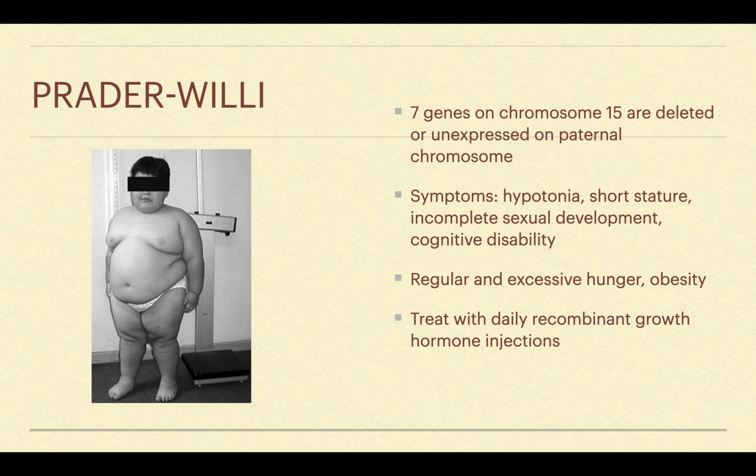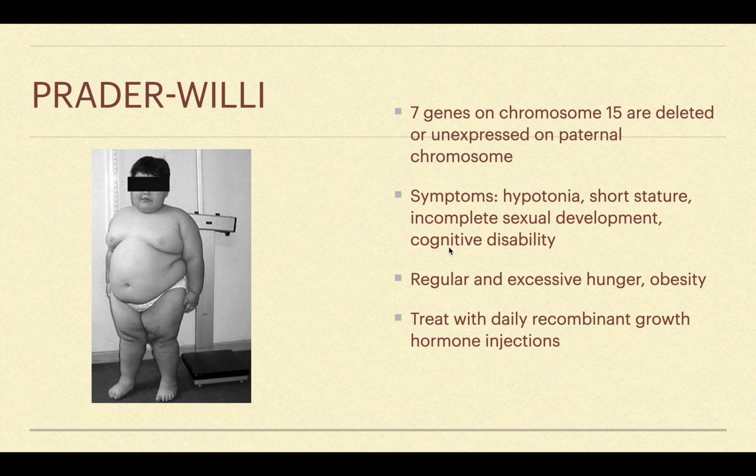Okay, Prader-Willi has 7 genes on chromosome 15, again, remember, that are deleted or unexpressed on the paternal chromosome this time. So Angelman and Prader-Willi are both on chromosome 15, but for Prader-Willi, I just remember Pater, so it's the deletion of the paternal contribution.